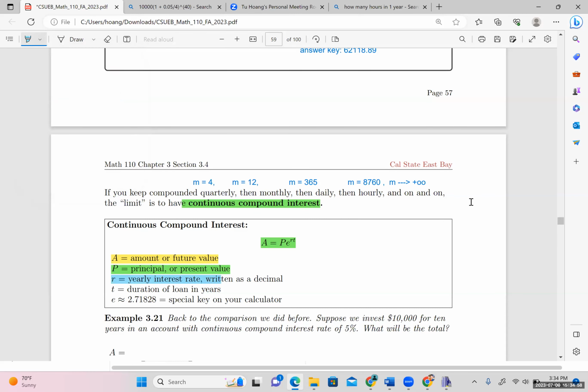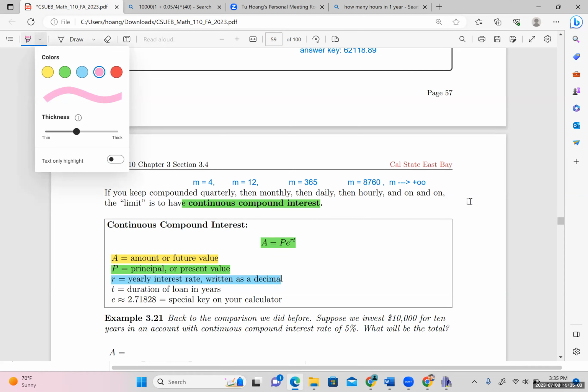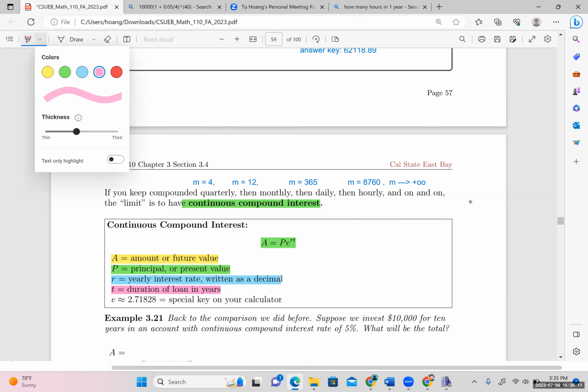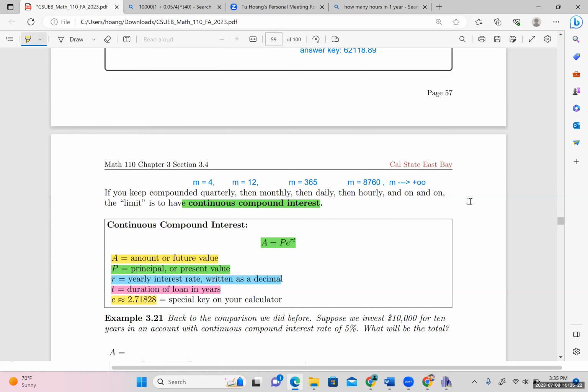R is the yearly interest rate, written in decimal. T is the time in years. And the last one is E. The letter E here is approximately 2.71828, which is a constant number that appears on the calculators.